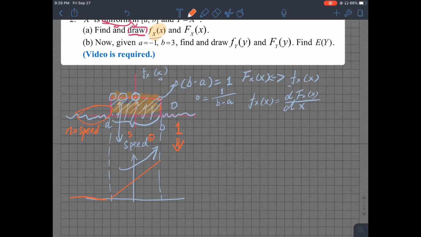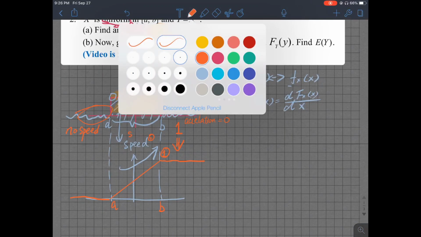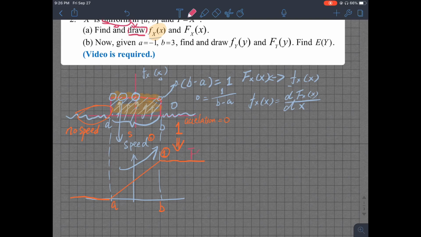The speed here is 0, and once it's over, the acceleration is 0, so it keeps the value 1 from this point, from b. This is the graph we need to get from this point of view.